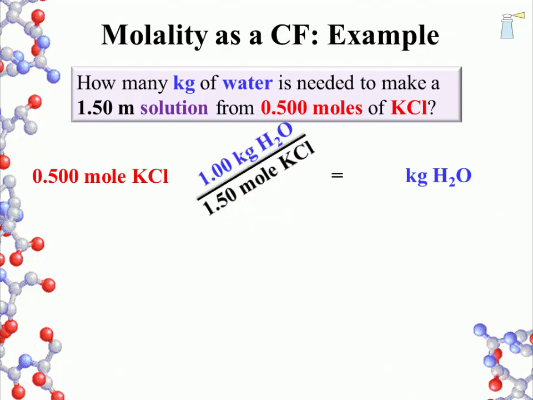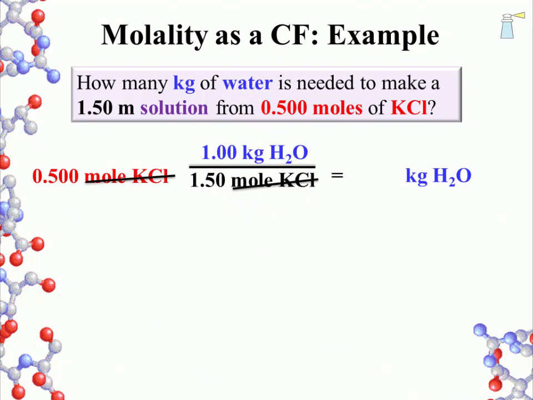Flip the orientation, and the mole units cancel out, leaving units of kilogram. Some calculator work, and 0.500 moles of potassium chloride dissolve in 0.333 kilograms of water, and that will make a 1.50 molal solution. This is a core molal conversion.